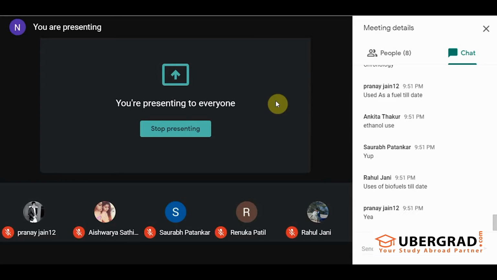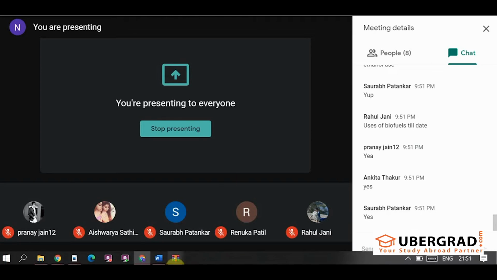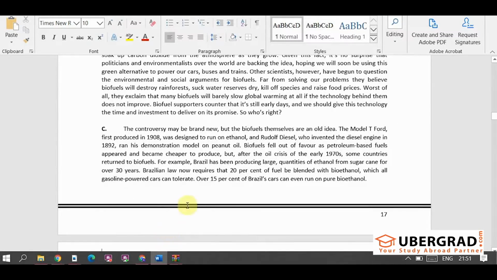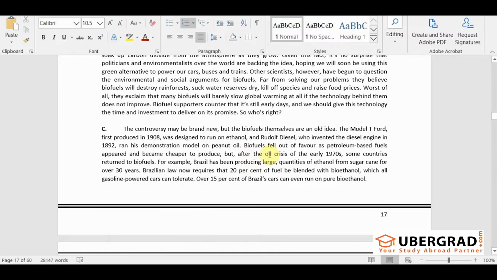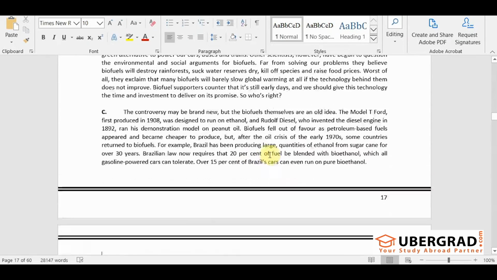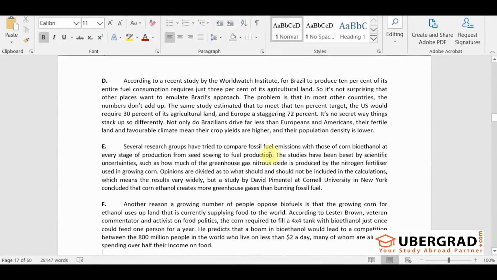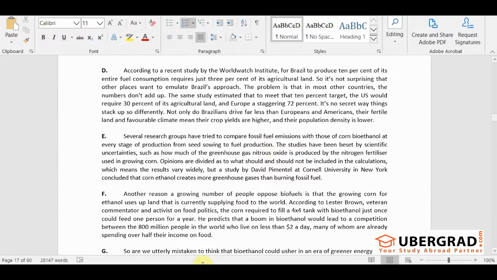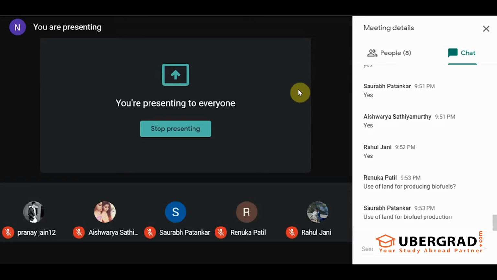Biofuels used as an alternative fuel. So write this down. All of you agree to what I am saying? Yes? Good. Okay. So biofuel as an alternative to petroleum and diesel, or you can say as a substitute for fossil fuels. Use of land for biofuel production.